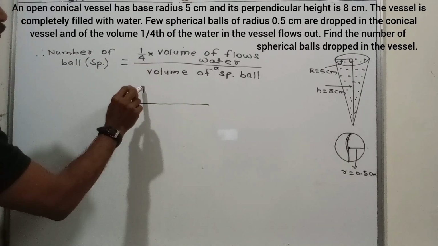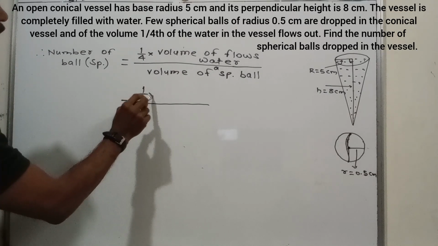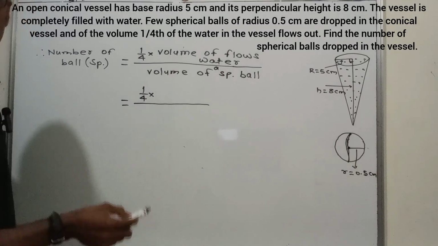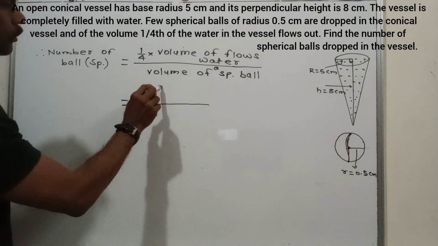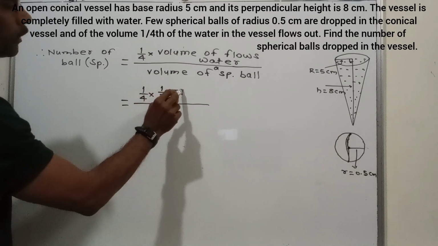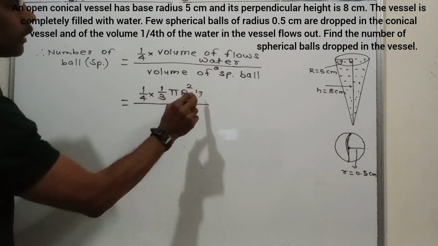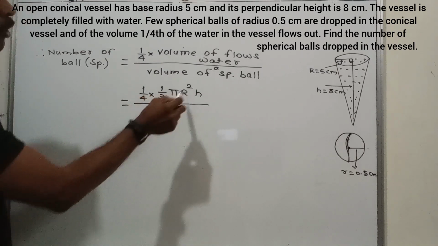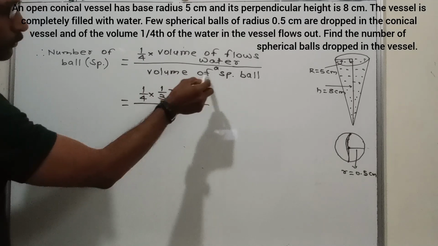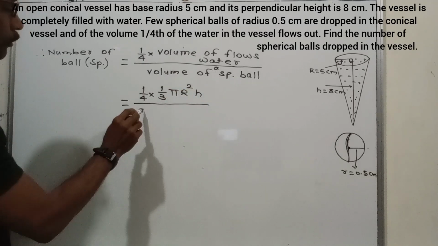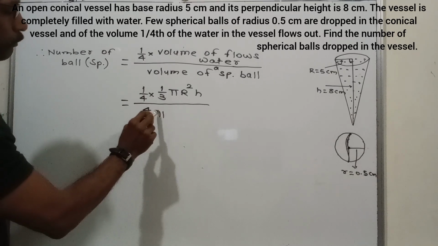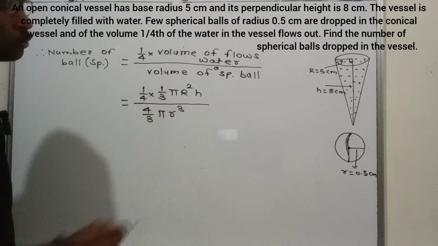See this, 1/4 into volume of cone. What is it? 1/3 pi r square h. This is volume of cone. Did you get it? Upon volume of a spherical ball. Volume of a spherical ball, 4/3 pi r cube.